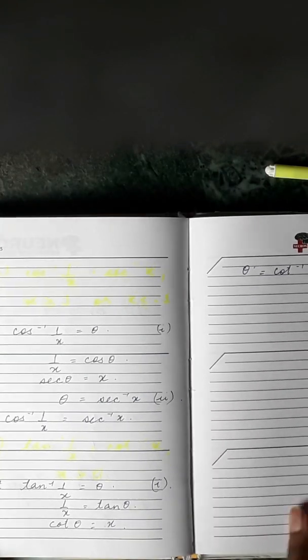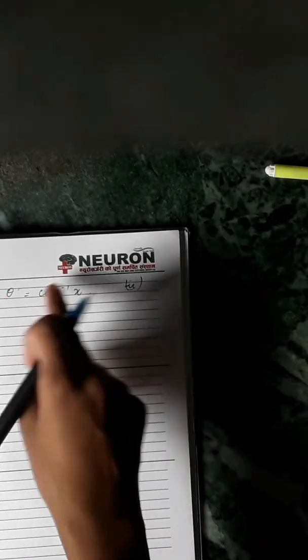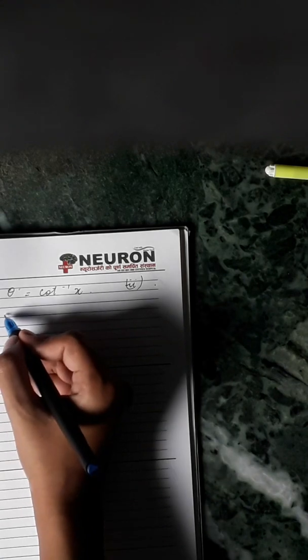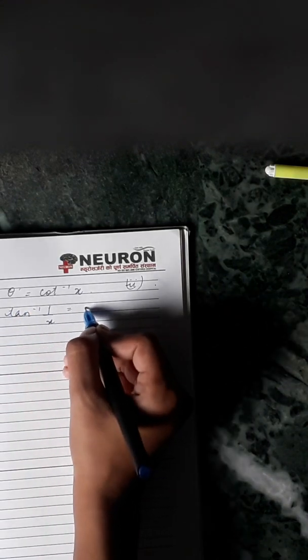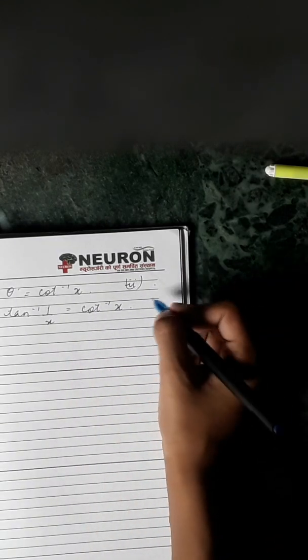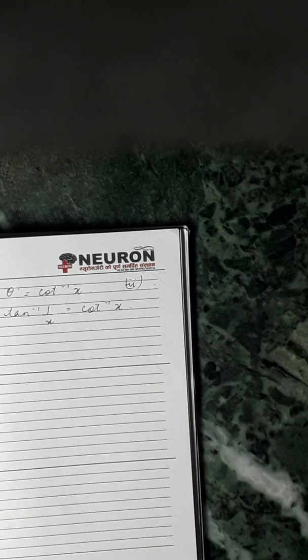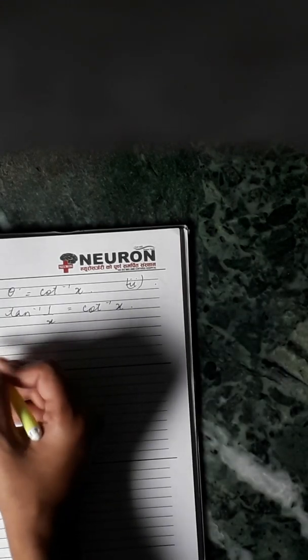These are both the same. Tan inverse 1 upon x is equal to theta, and theta is equal to cot inverse x. So you have come to the proofs. So now let's take up the other type of properties.